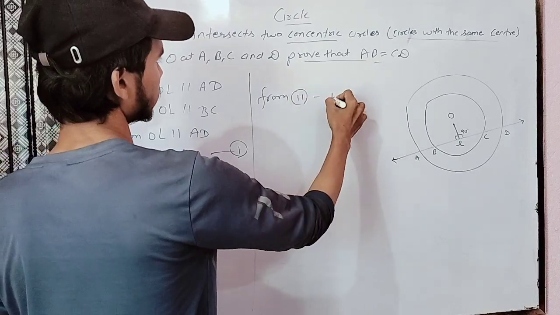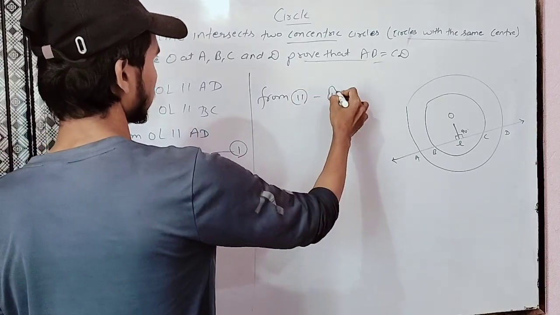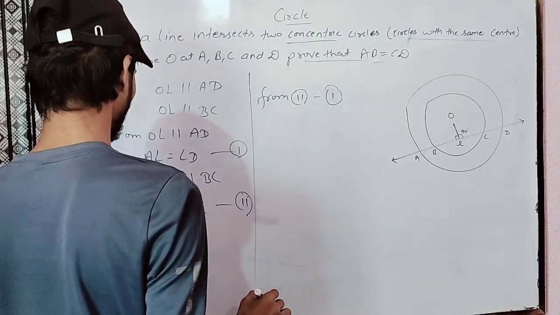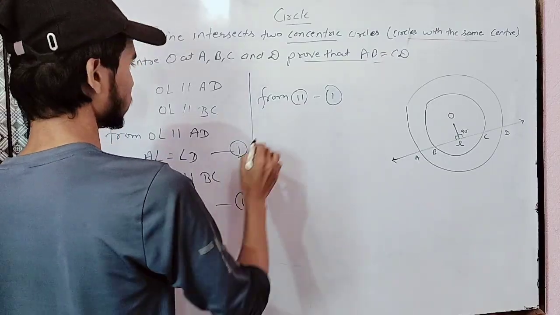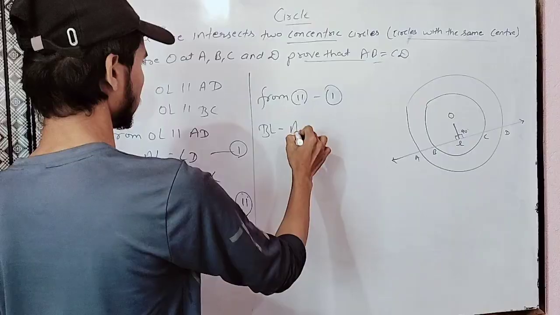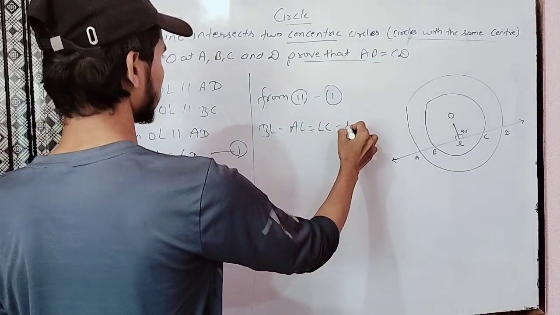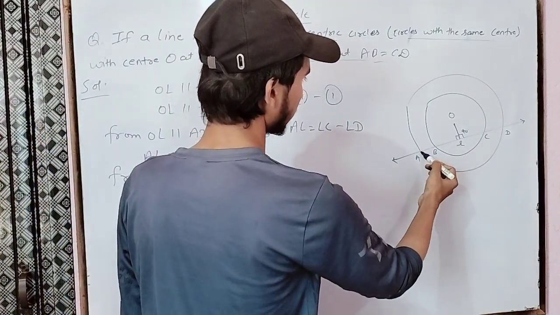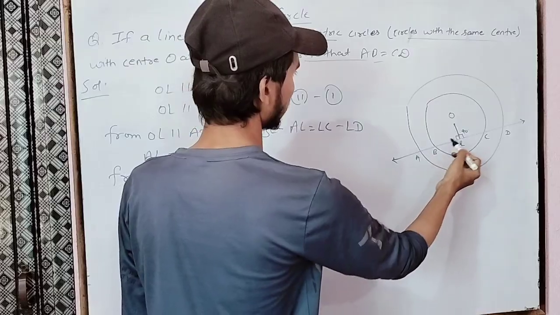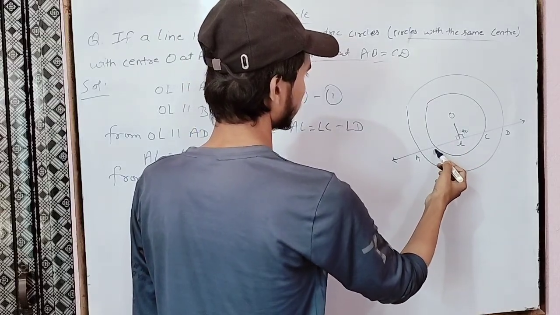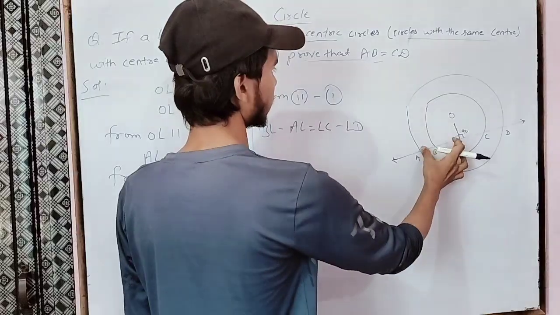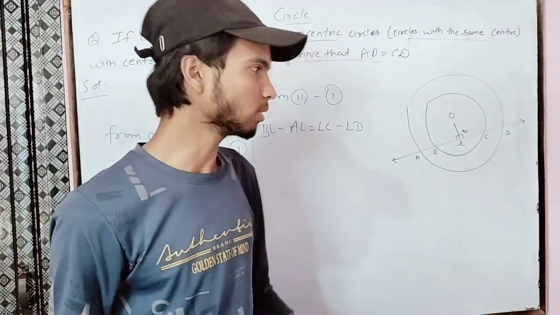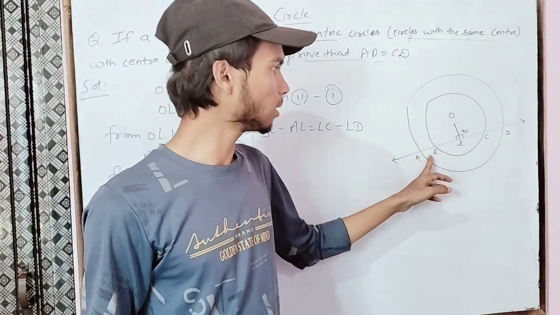Now equation 2 minus equation 1: BL minus AL equals LC minus LD. When BL goes on from AL, what will be left?